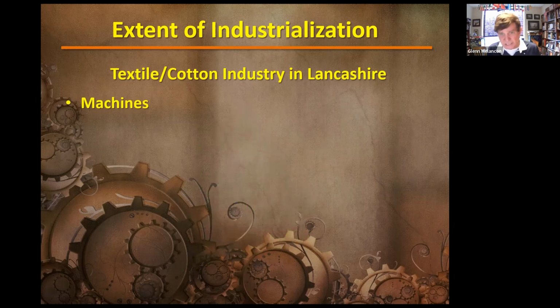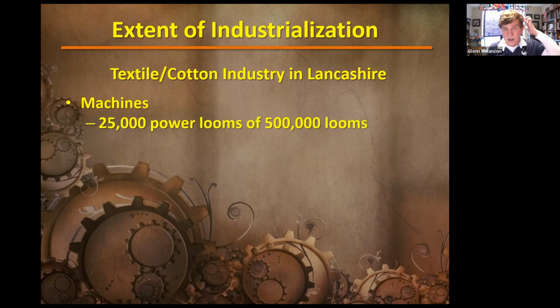Well, first is machines. Of 500,000 looms altogether, only 25,000 of those were power looms. The difference is the power looms were outproducing the hand looms.